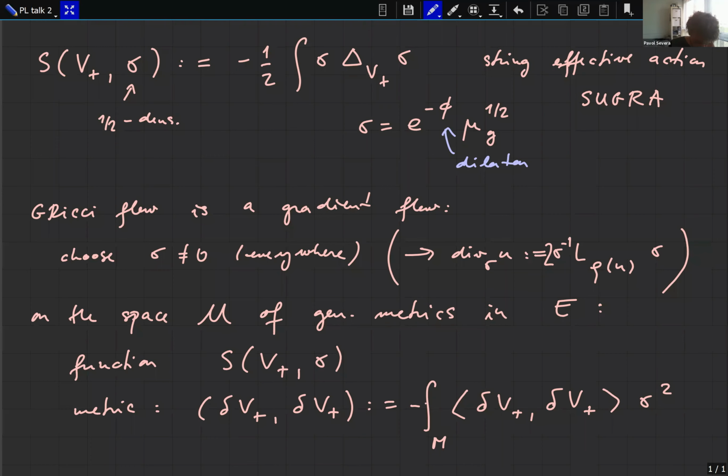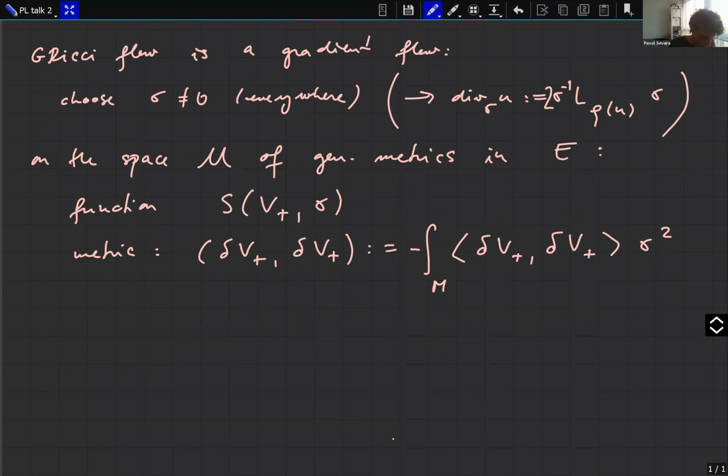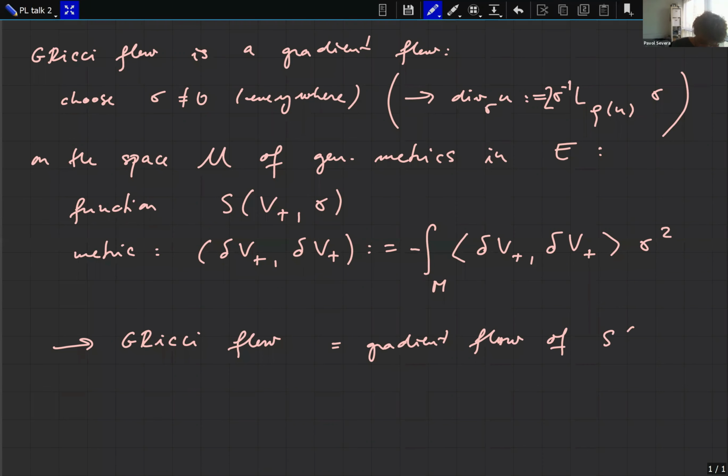Probably there is a minus sign to make it positive definite. And it turns out now that this Ricci flow for the divergence which is given by sigma is the same as the gradient flow of our function S of V plus, sigma.